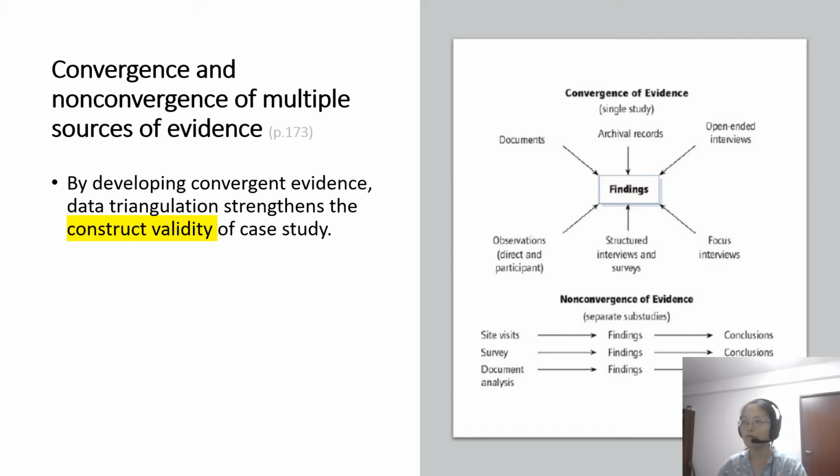You have one set of findings in the final report, which are supported by different sources of evidence, such as documents, observations, structured interviews and surveys, focus interviews, and open-ended interviews. They are supporting the same set of findings in one report, in one single study.